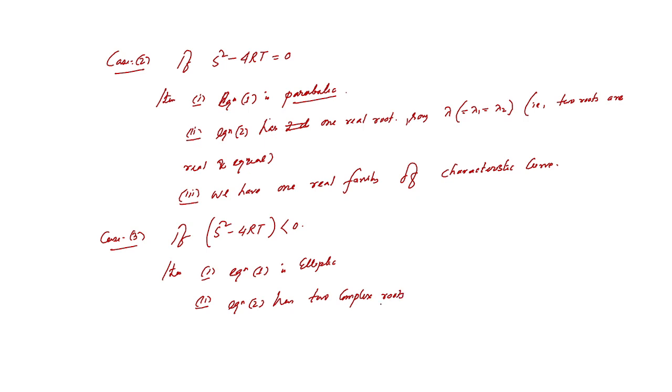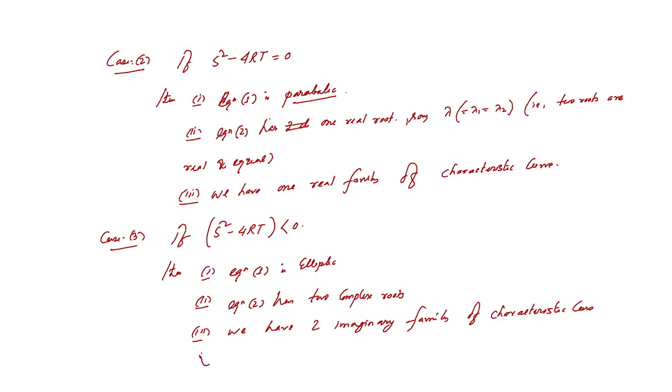And here we can't get any real family of characteristic curve. So we have two imaginary families of characteristic curve.